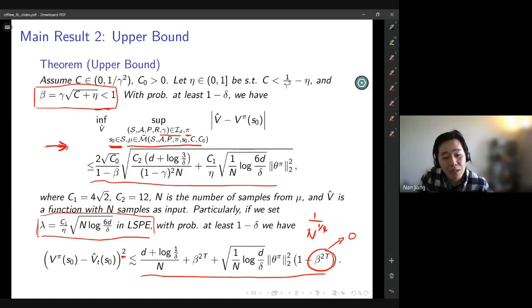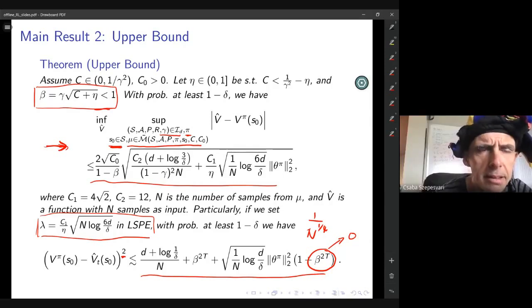But your lambda needs to be set in a way that is right according to the mu distribution and the MDP and stuff like that, right? It's not entirely clear. At least the way you write it, the inf over v hat is completely outside, so it must be hyperparameter free.